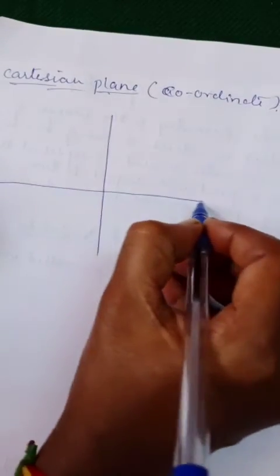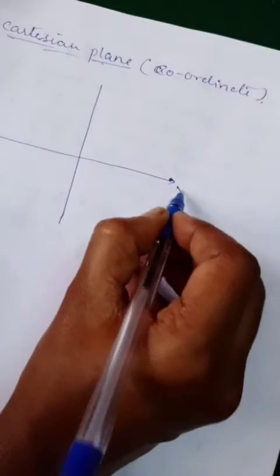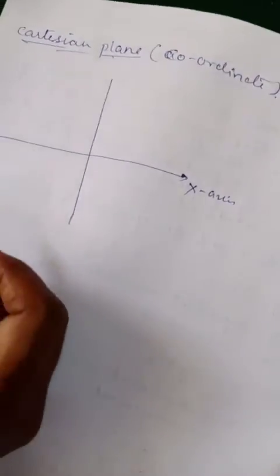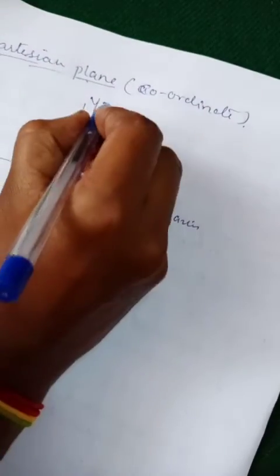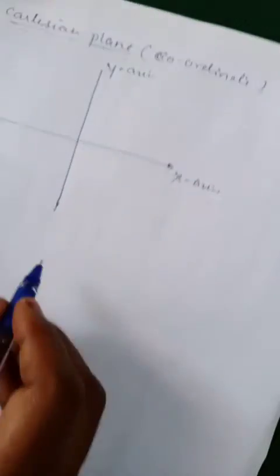I'll draw one figure here, horizontal and vertical. As you all know, this horizontal line is called the x-axis, x and x dash. Then this vertical line is called the y-axis, that is y and y dash.